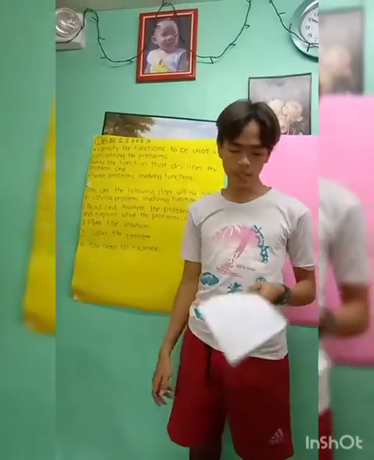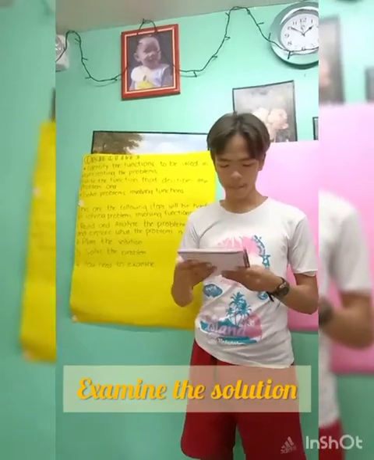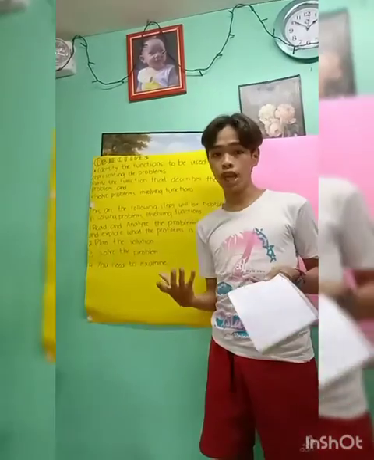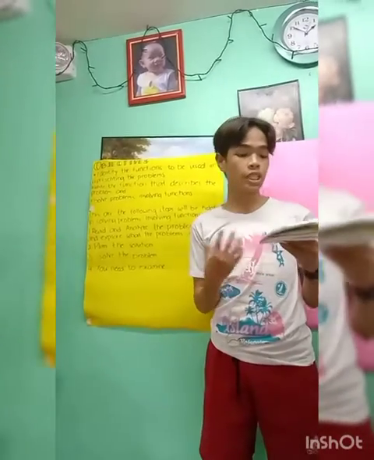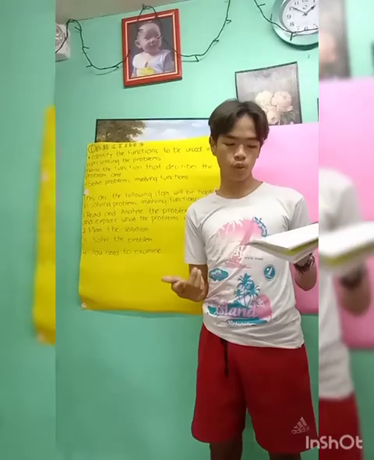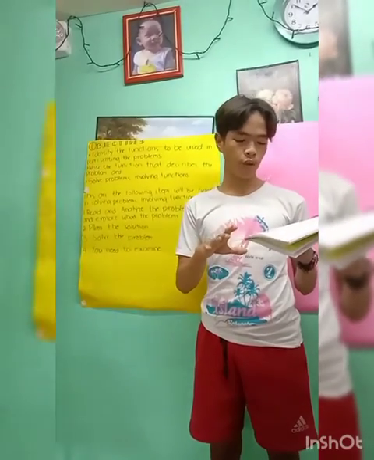The fourth one is examine the solution. Check if the conclusion agrees with the problem or satisfies all conditions of the problem. Otherwise, it is good advice to rework the problem.